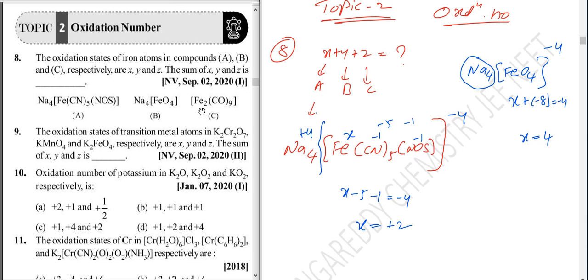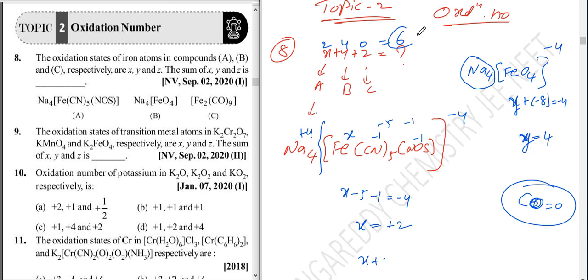Then Z, sorry, C, Fe2(CO)9, carbonyl is carbon monoxide. The oxidation number of carbon monoxide is 0, so this iron is 0, right? Therefore I can say Y. Then X is 2, Y is 4, Z is 0, that means the total is 6. The total oxidation number is 6.